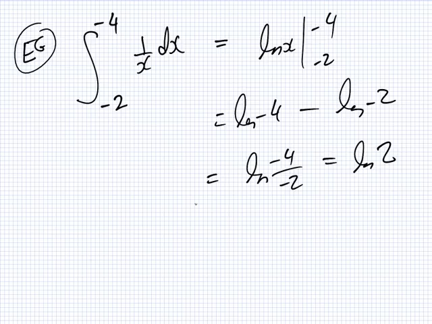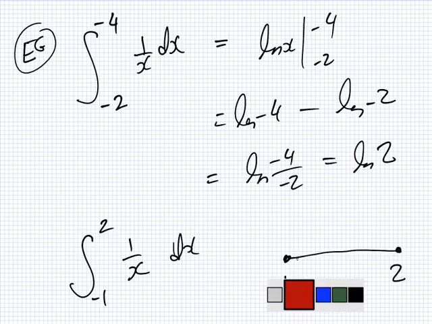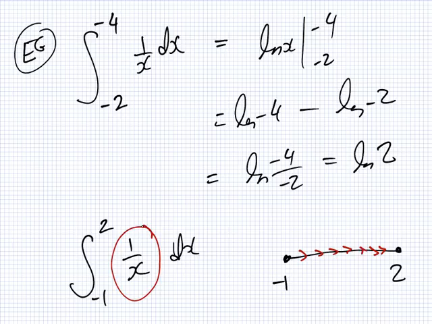So the problem is, what was the original? Minus 1 to 2, wasn't it? The way you can tell is, in your mind you picture the line from minus 1 to 2. Here is minus 1, and here is 2. As you move from minus 1 to 2, you ask yourself, do I hit any values which I cannot use here? Yes.